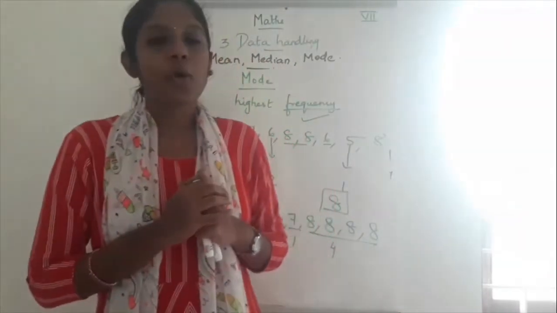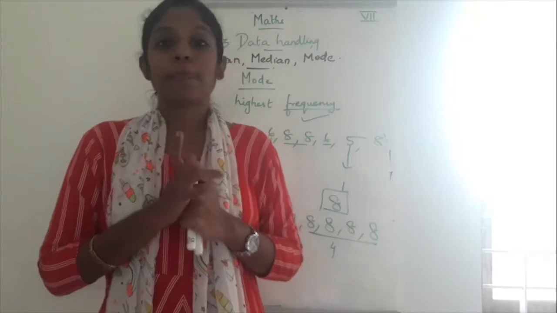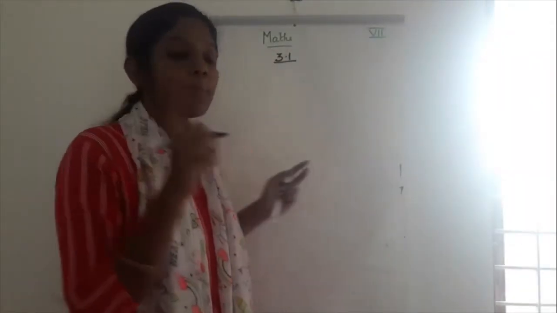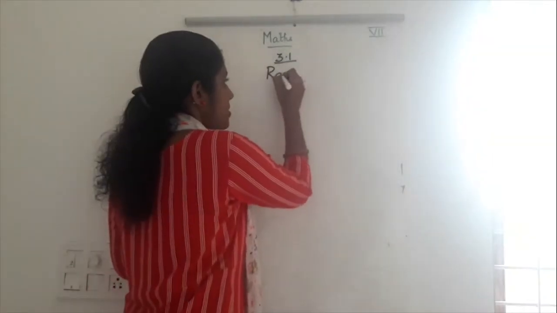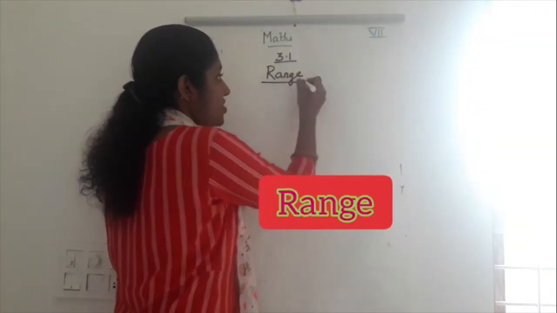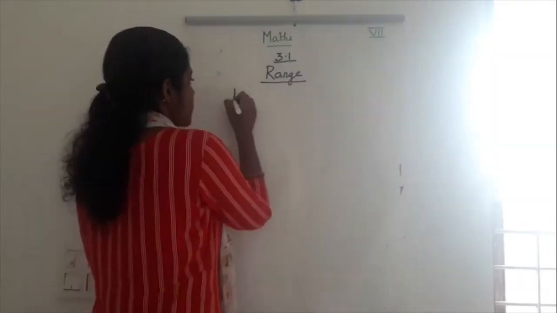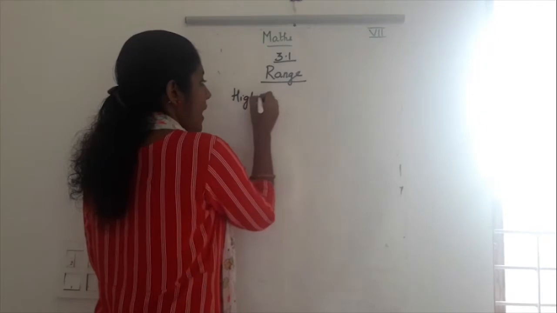Okay, so now we move to exercise question 3.1. Before that, we will study one more term, which is called range. Range is the highest value minus the lowest value.